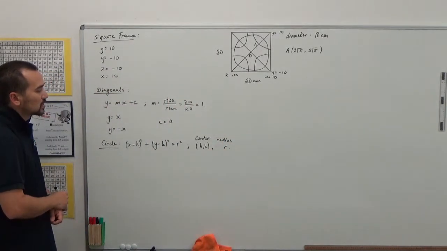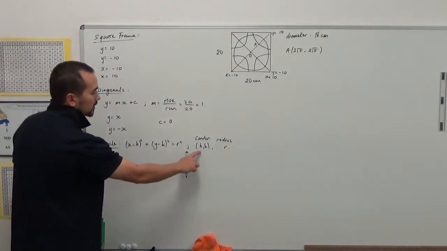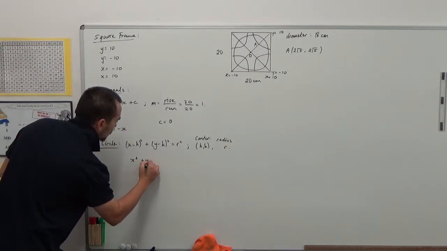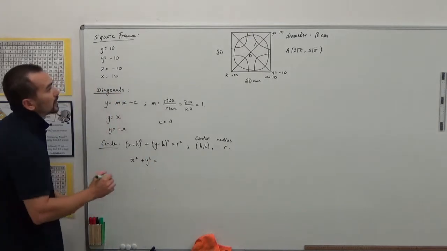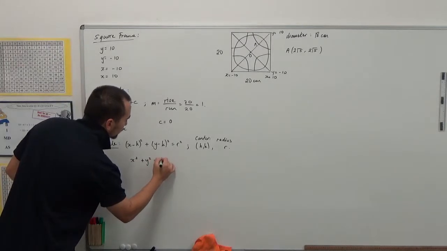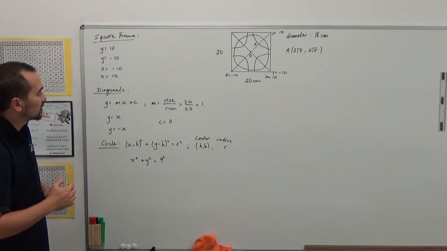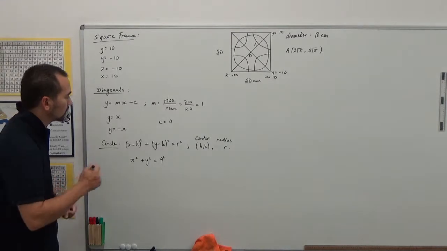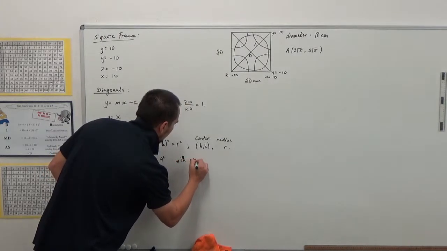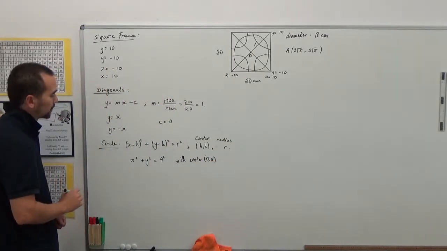Because the center is (0, 0), h is 0, k is 0, so this is going to be x squared plus y squared is equal to 9 squared, since the radius is half of 18. So that's our circle, with center (0, 0).